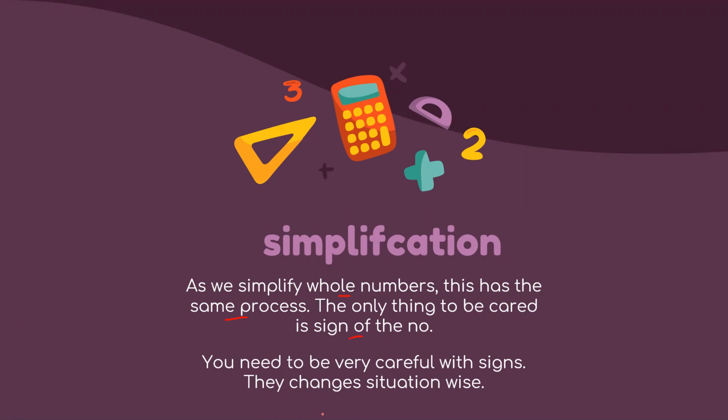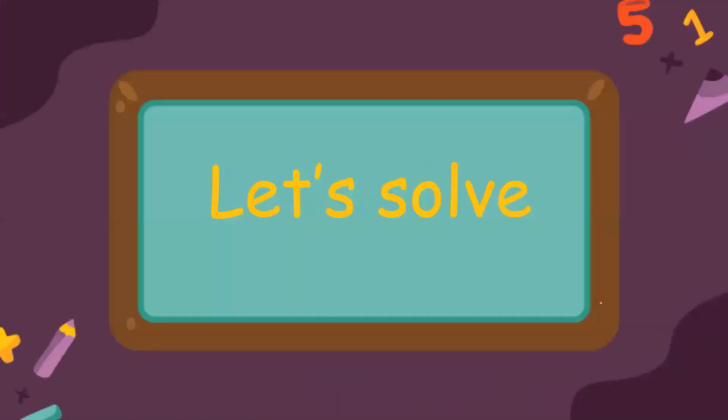When the sign changes, the addition and subtraction also change. The addition and subtraction depend on the sign of the number. So sign is the major thing here. If they don't have any sign, then normally we can simplify that. But because of the sign, we need to follow some things. Now let's solve some questions.